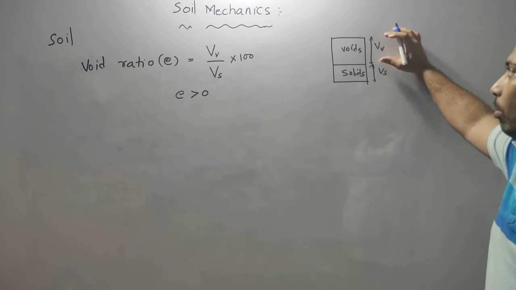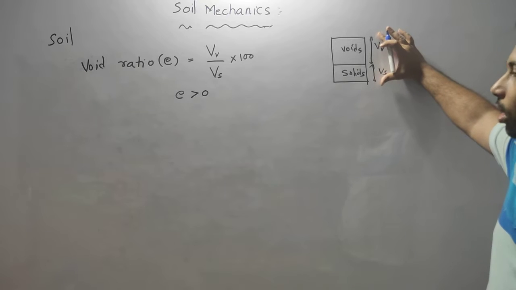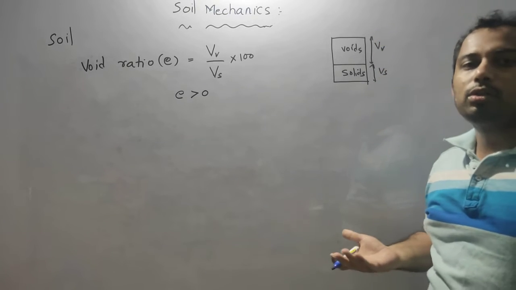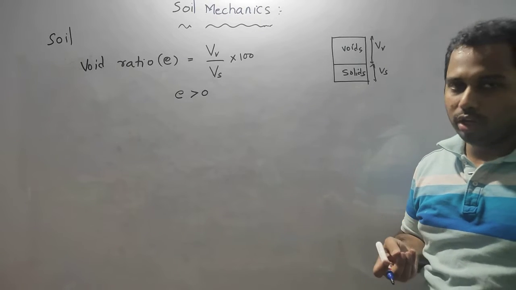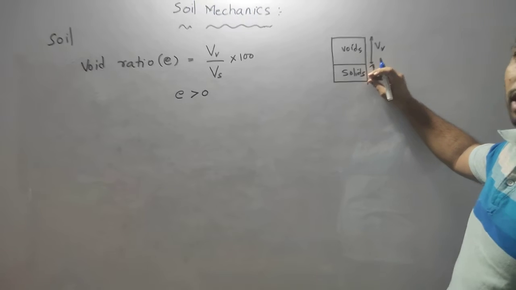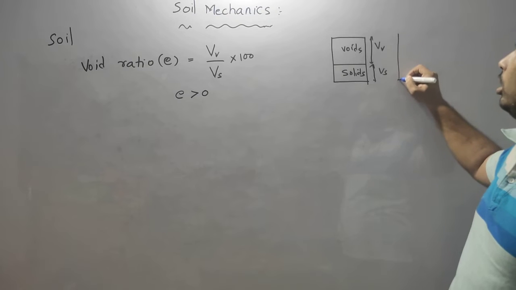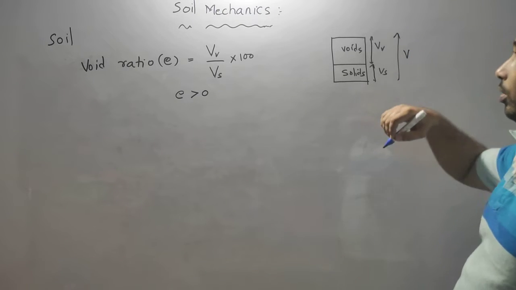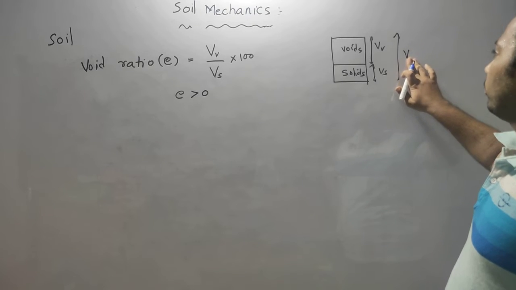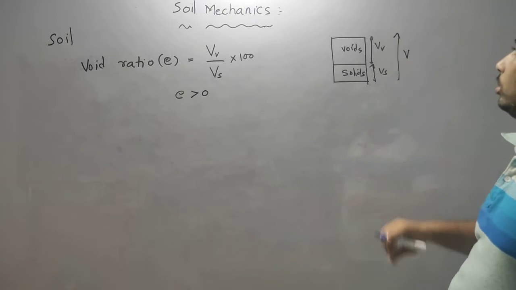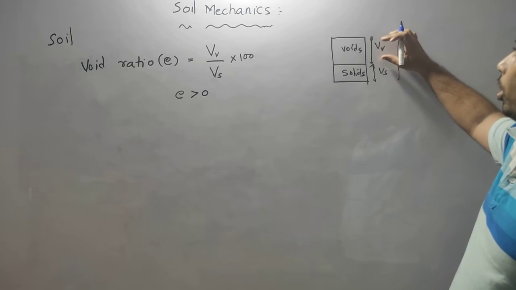Now, can volume of void be equal to volume of soil? Is it possible? If volume of void is equal to volume of soil, then where are the solids? Without solids, how can you say that it is a soil? So for calling it a soil, we need solids. So volume of void cannot be equal to volume of soil. Now it can take any value.